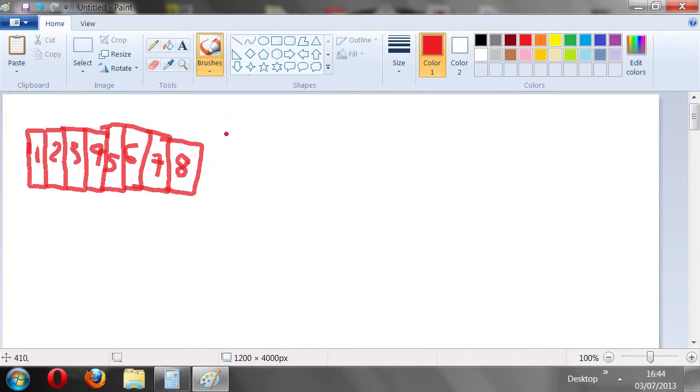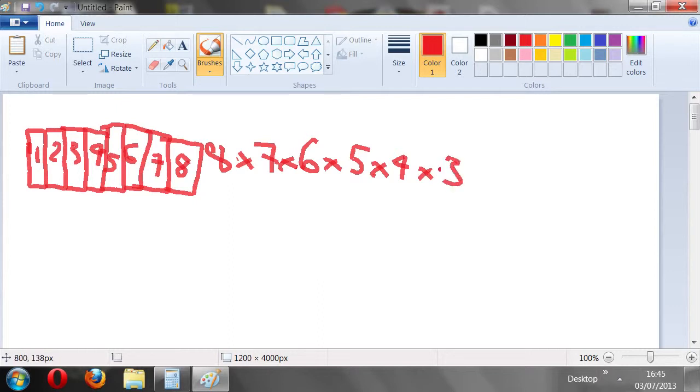All right, so what we can say is that the total number of combinations that these books can be arranged in is going to be 8 times 7 times 6 times 5 times 4 times 3 times 2 times 1.